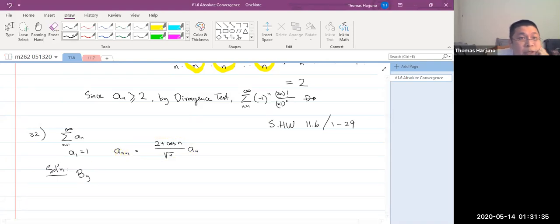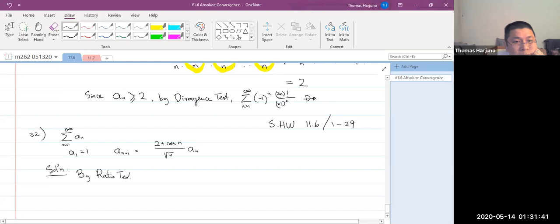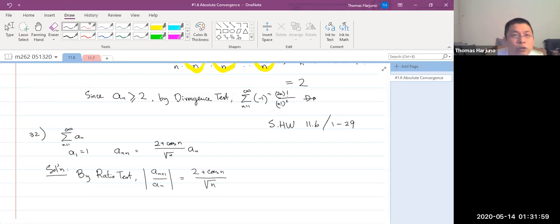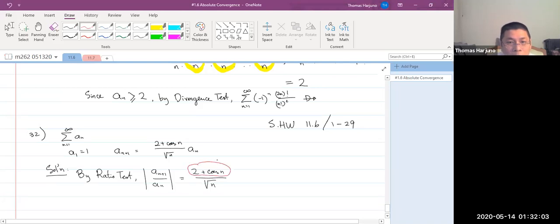So by ratio test, the ratio is equal to (2 plus cosine n) over square root of n. Notice that I don't need to use absolute value because this is greater than 1.